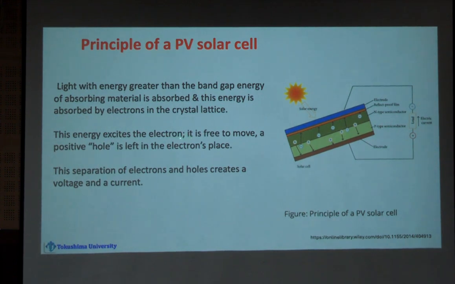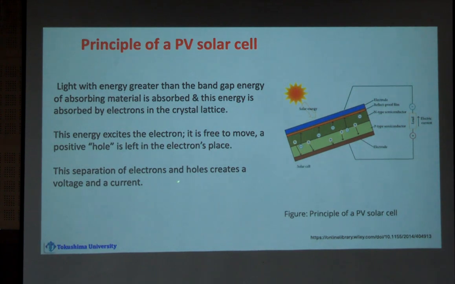The energy excites the electron and it is now free, and a hole is left. Same principle I told you in the morning about photocatalyst: when an electron moves from the valence band to the conduction band, the space is empty, a hole is created, and the electron moves.